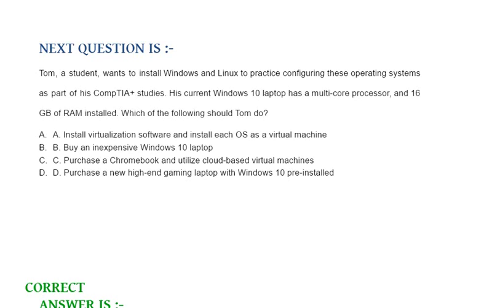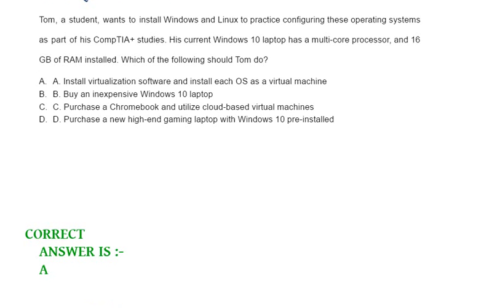Option B. Buy an inexpensive Windows 10 laptop. Option C. Purchase a Chromebook and utilize cloud-based virtual machines. Option D. Purchase a new high-end gaming laptop with Windows 10 pre-installed. Correct answer is option A.